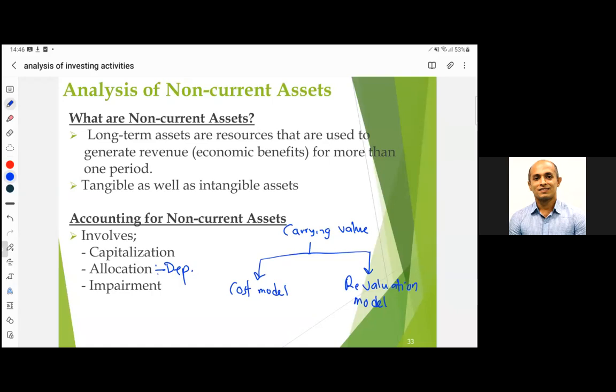Then accordingly, you have to adjust for the impairment. Now you'll have to see whether the company has followed LKS 16 when accounting for property, plant and equipment.